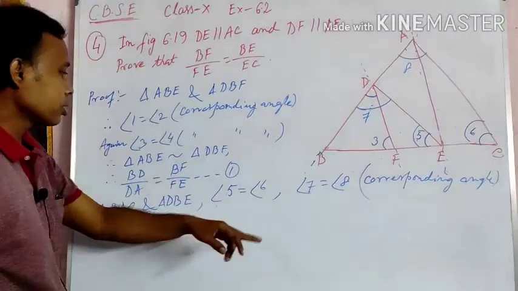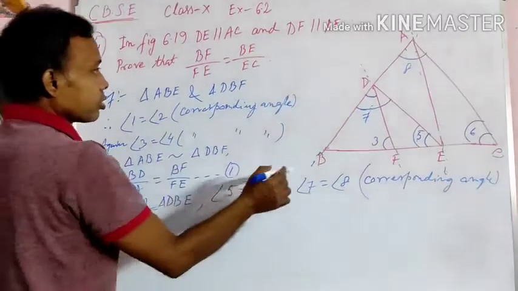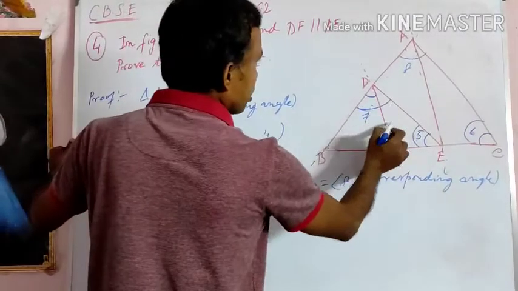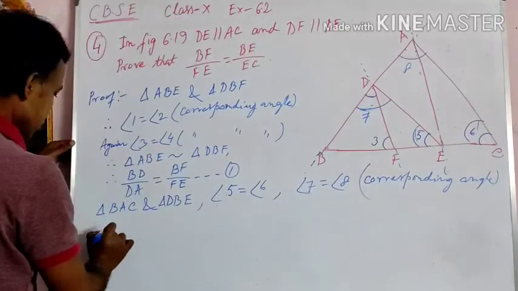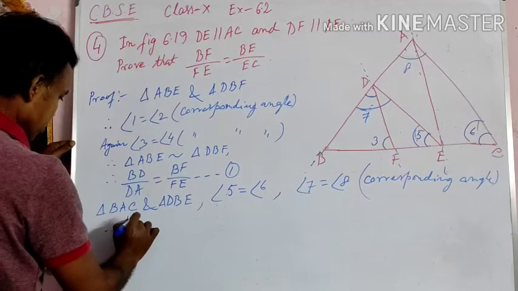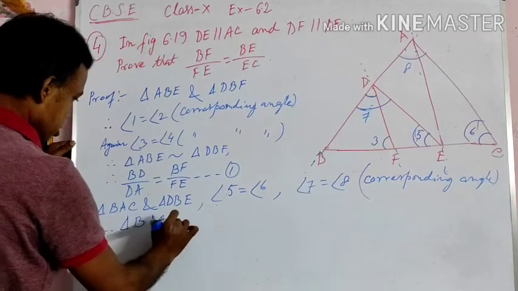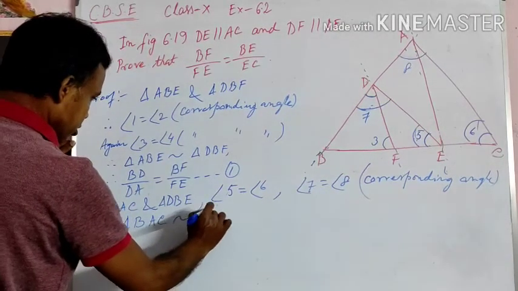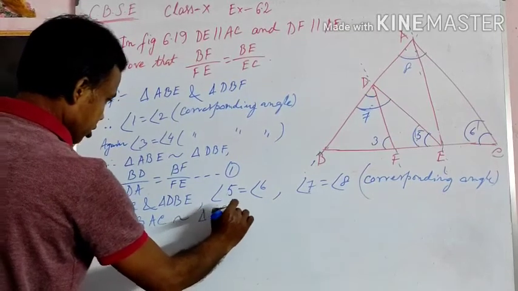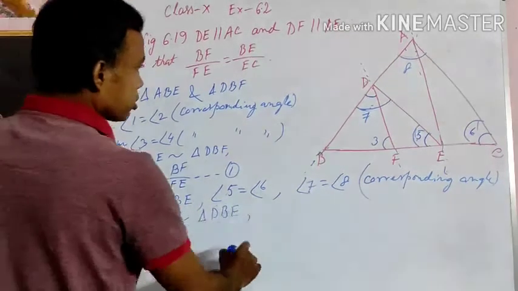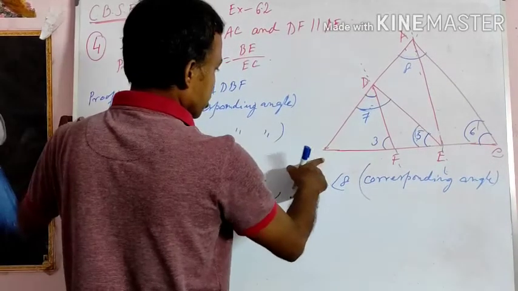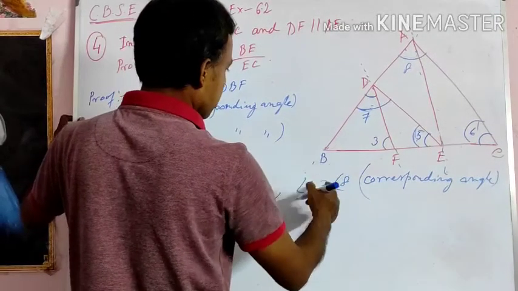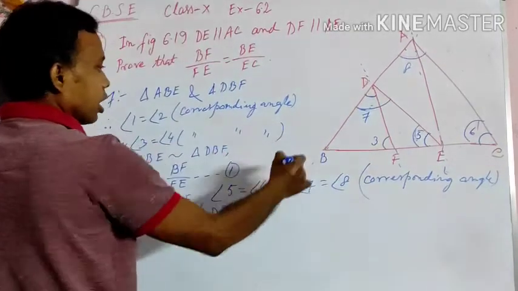Therefore, in the two triangles, since two angles are equal, triangle BAC is similar to triangle DBE. Since the two triangles are similar, the ratio of the corresponding sides will be equal.